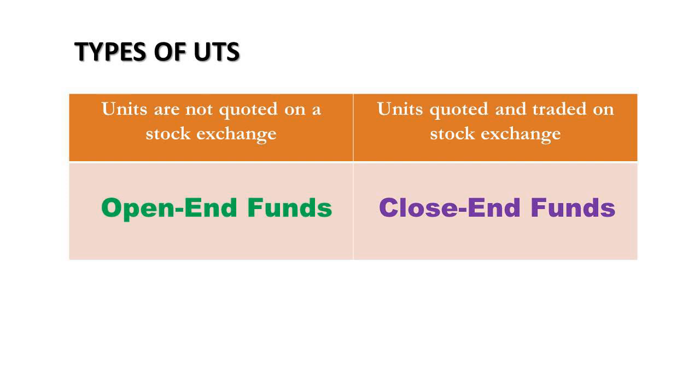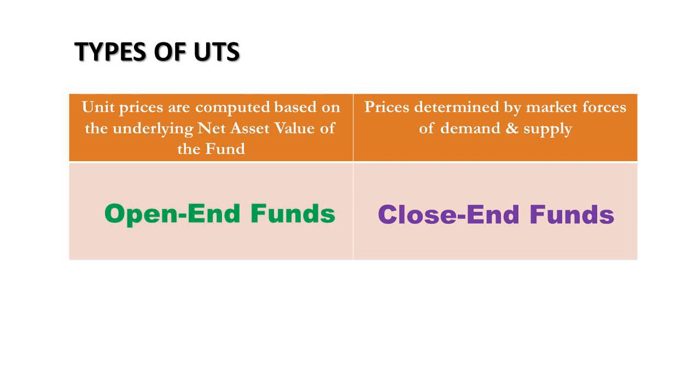Second one. Unit prices are computed based on the underlying net asset value. This is unit trust, because the unit trust prices are based on the bonds, money market, fixed deposits they have placed inside the fund. They calculate, divide by the number of units, and you get your unit price for the day. Those are open-ended.